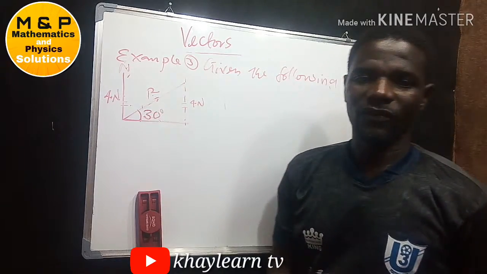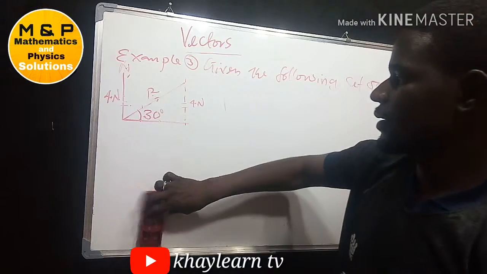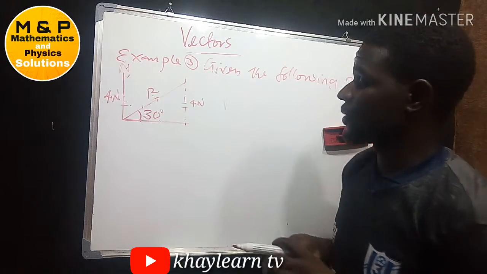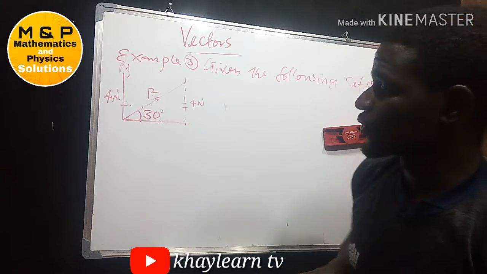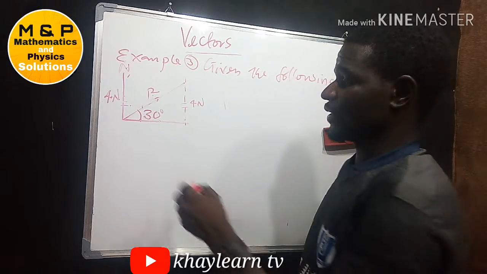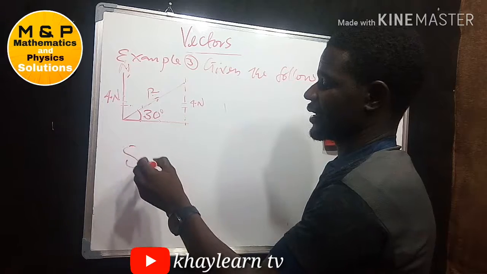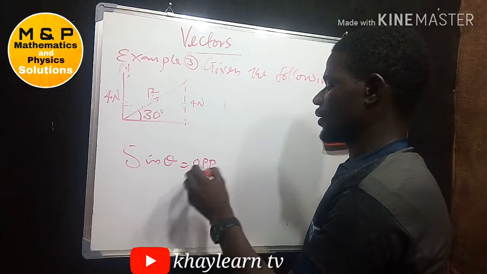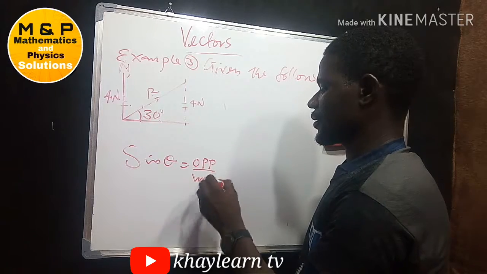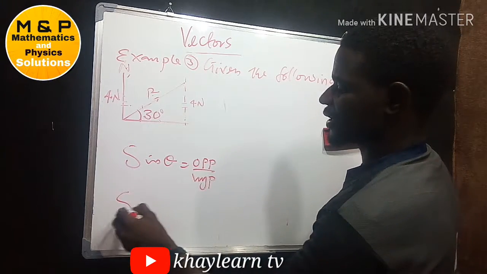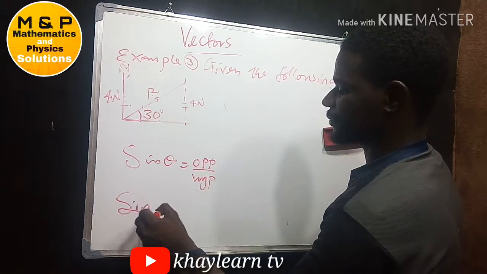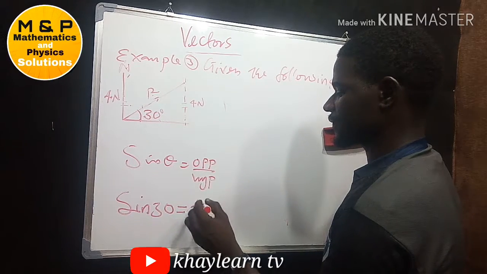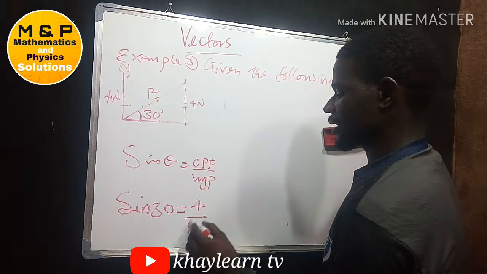We're asked to find the value of R simply and easily, using the trigonometric ratios here. We can get our R easily by saying sine theta equals opposite over hypotenuse. Now sine of 30 will be equal to the opposite, which is 4, over the hypotenuse, which is R.